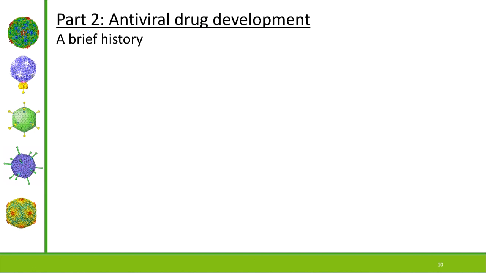So let's walk through a brief history here. We started looking for antivirals in about the 1950s. I know that I've already mentioned this, but you were probably wondering, why was the 1950s so special that it took us until then to start looking for antivirals?